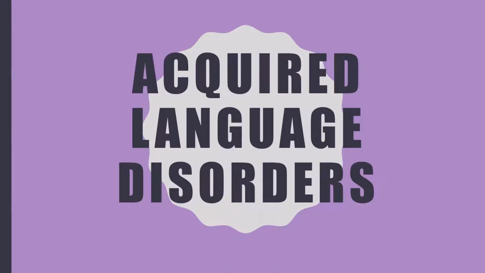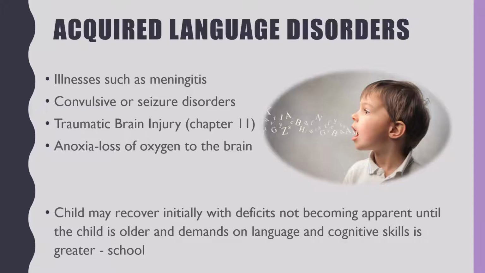Our next large category is acquired language disorders. Acquired language disorders can occur because of a variety of reasons, including illness such as meningitis, seizures, head trauma, TBI, or stroke.